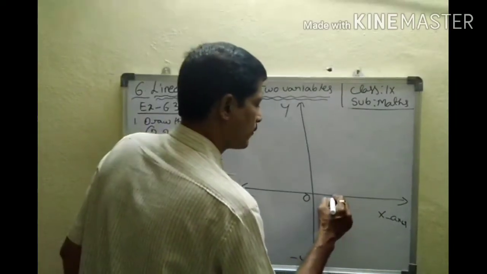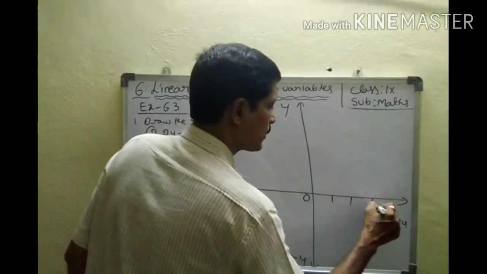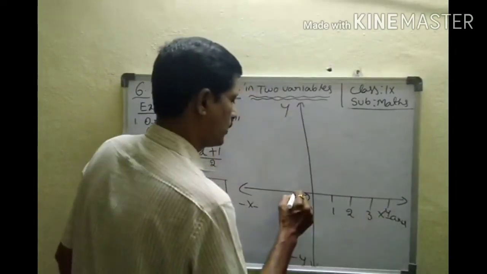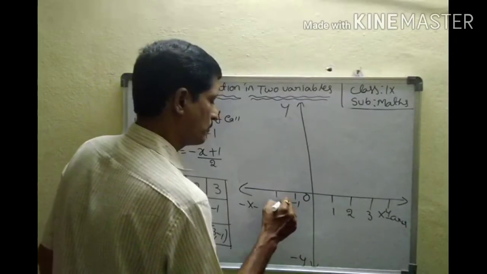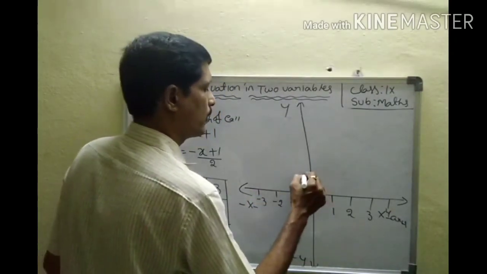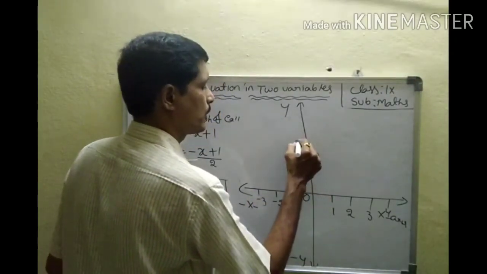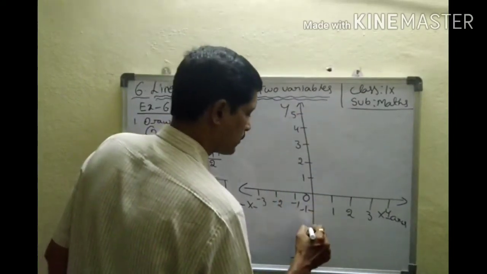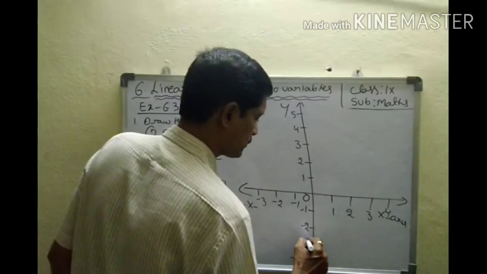Next mark 1, 2, 3, 4 here, 1, 2, 3, 4 here, minus 1, minus 2, minus 3, and on the y-axis 1, 2, 3, 4, 5, minus 1, minus 2, minus 3.